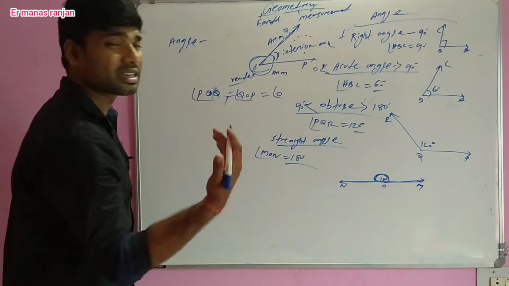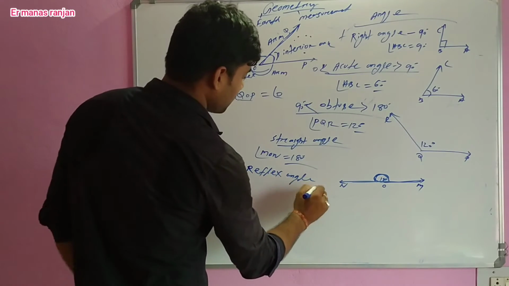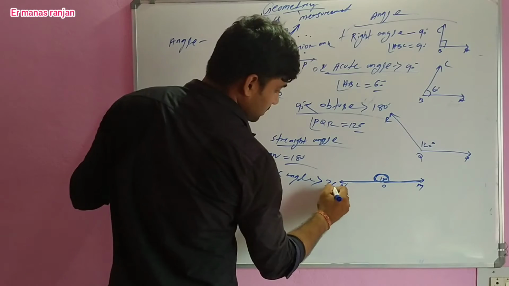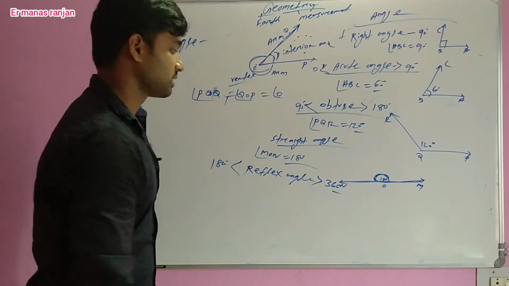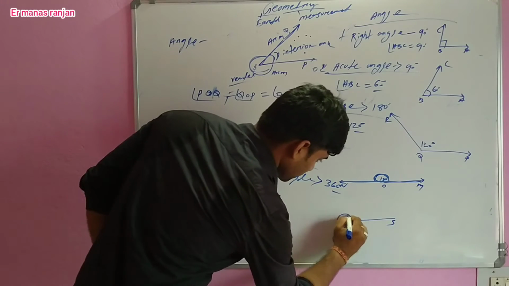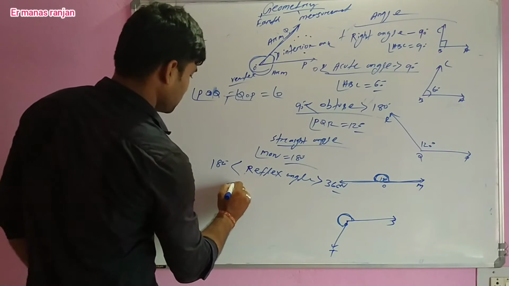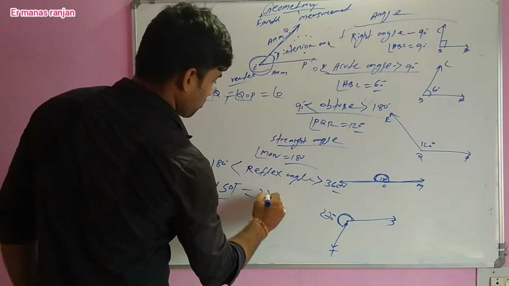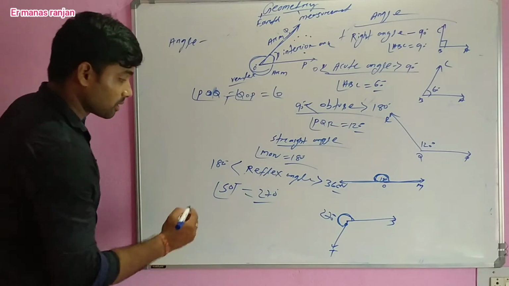Then the reflex angle, which is more than 180 degrees and less than 360 degrees. Suppose angle SOT is a reflex angle of 270 degrees.